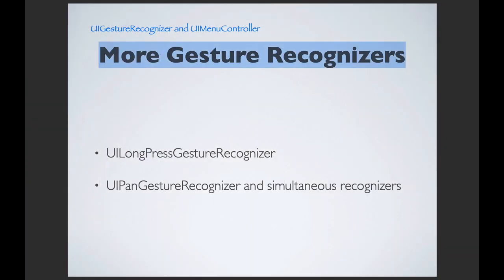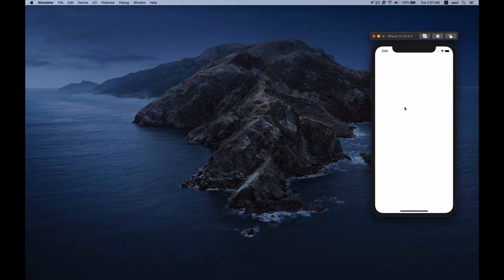More gesture recognizers. In this section, you are going to add the ability for a user to select a line by pressing and holding, and then move the selected line by dragging the finger.